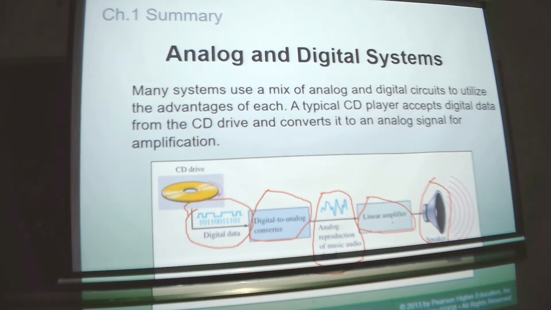Linear amplifier is a device that we use to study analog circuits and electronics. And the speaker is one kind of power amplifier. It is also one device that is studied in analog electronics.